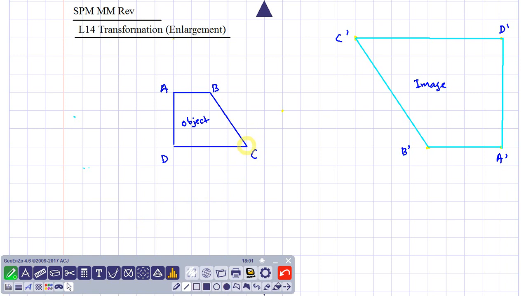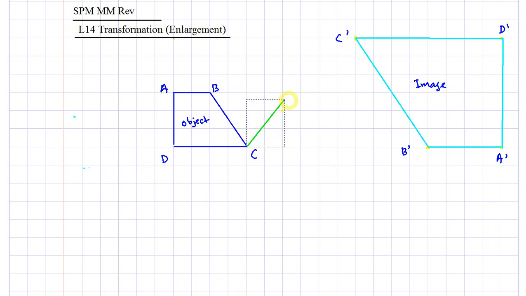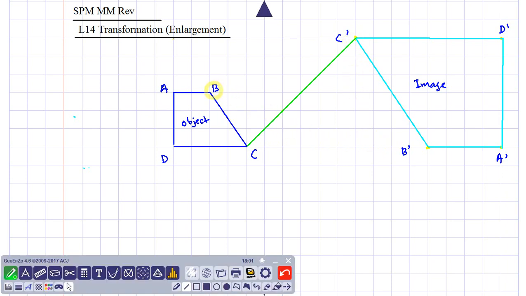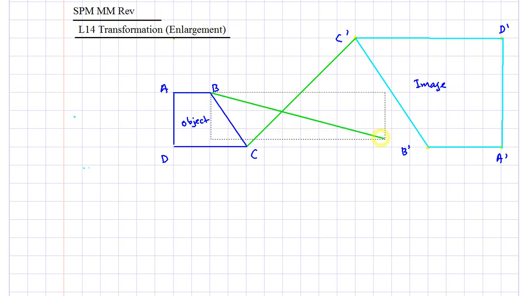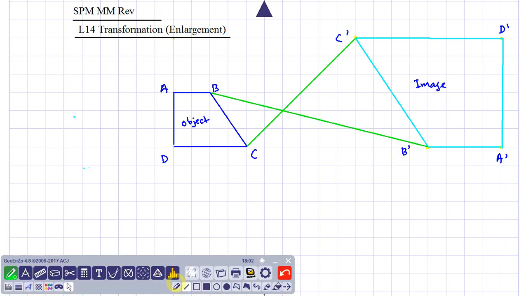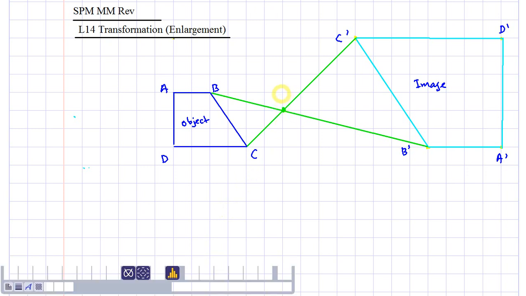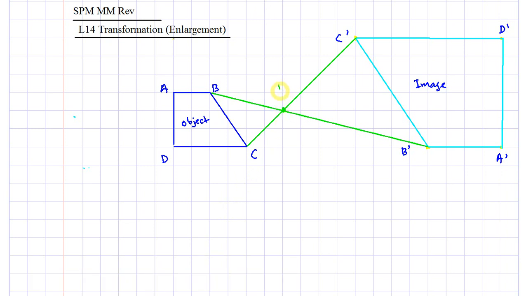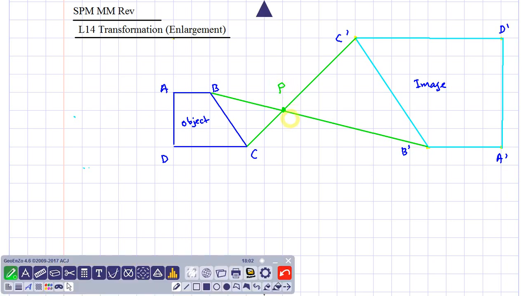I just choose C and C prime. Connect these 2 points together. Another pair, I choose B and B prime. Connect these 2 points together. So the intersection point here, let's call it P, is the center of enlargement.